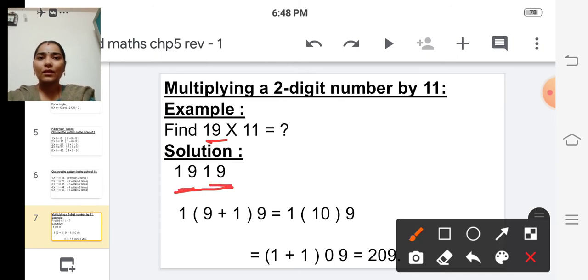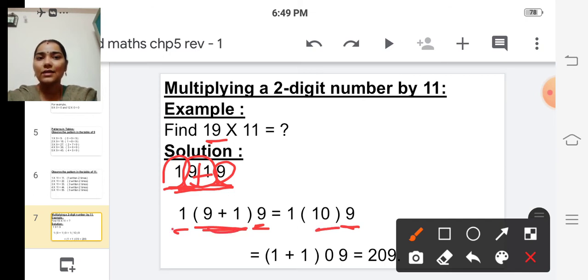1919. Okay. And then in the next step we have to add the middle numbers. Okay. We have to add the numbers in between. Here we write this 1 as it is and this 9 as it is, and we are going to add this 9 plus 1. 9 plus 1 is 10, isn't it?